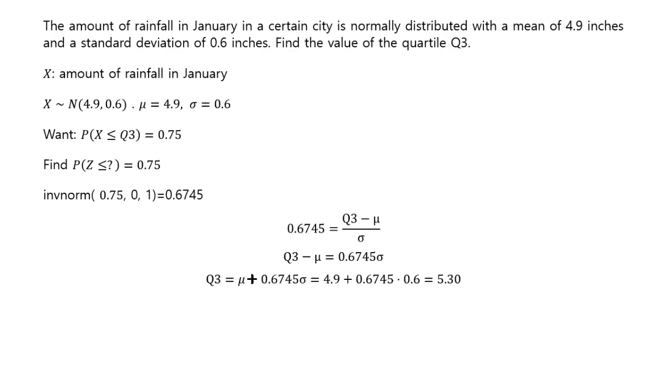Q3 is mu plus this 0.6745, we call this the critical value. So mu plus the critical z-score times sigma, and then you calculate this with the given values 4.9 and 0.6 plugged in, and you get 5.30. So that is the critical point where the third quartile is.